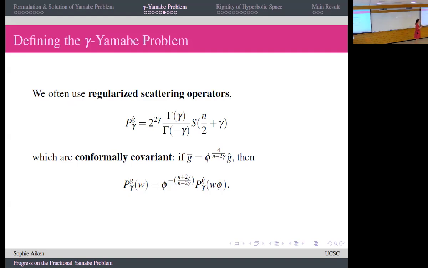It has to avoid the spectrum of your Laplacian. Otherwise, it's not defined here. For today's talk, gamma is always going to be between 0 and 1 exclusive, but you can define higher order things for sure.